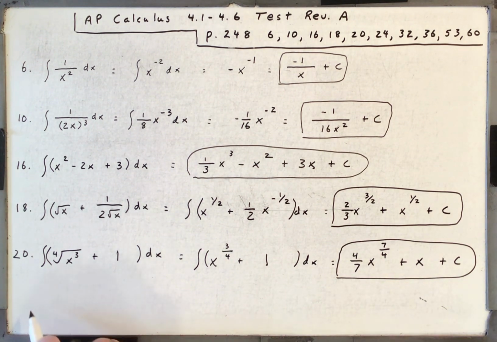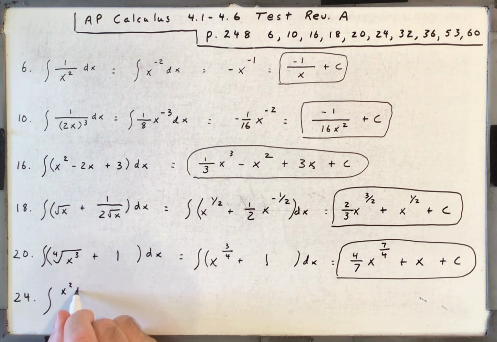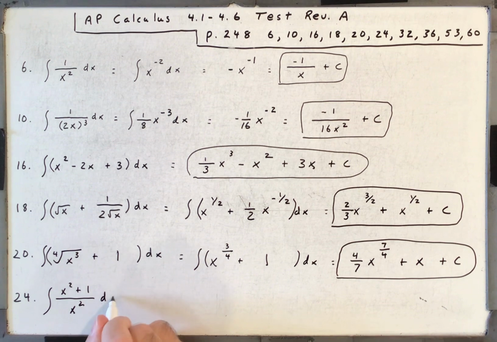Let's see if we can fit 24 in here. I'll be a little more careful on writing this one down. So I've got x squared plus 1 in the numerator over x squared. So what we can do is rewrite this.